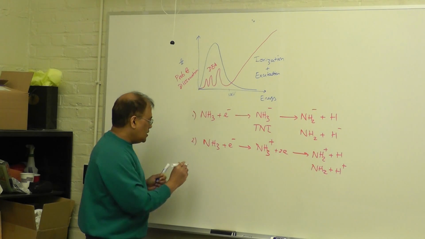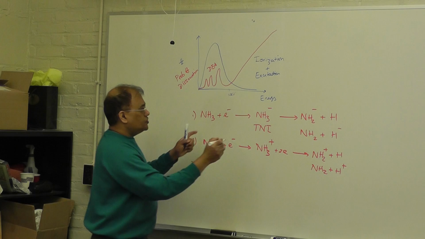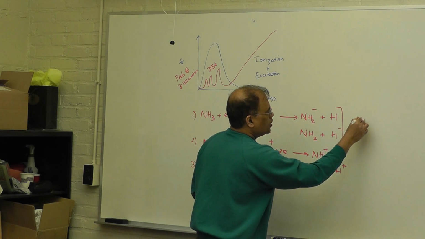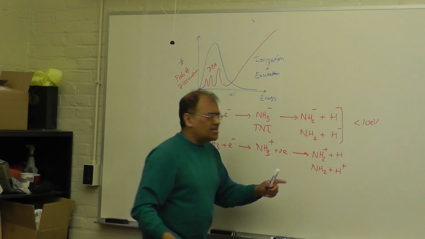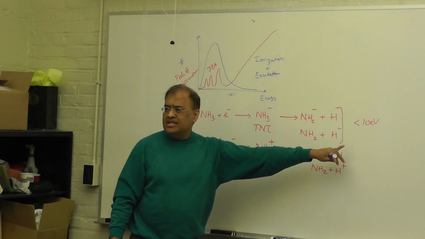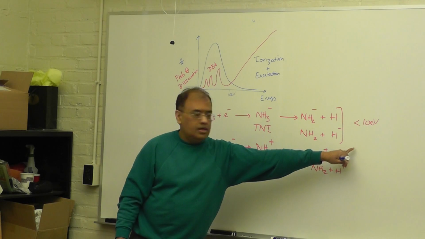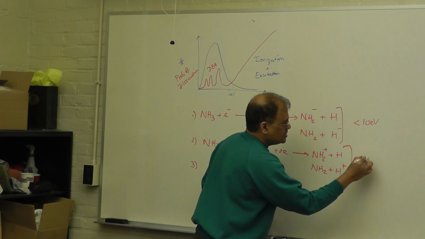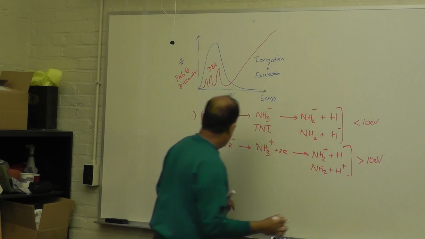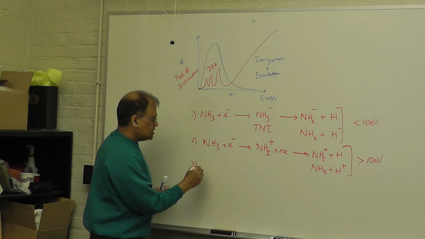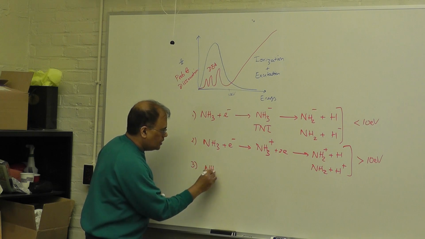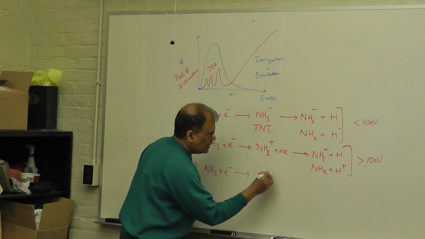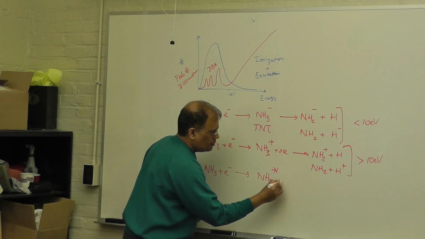Okay, and the third one, so this one takes place typically below 10 eV, but there have been some cases where it's been observed at energies as high as 17 eV. This one takes place at energies greater than 10 eV. And the third one is excitation, so NH3 plus an electron goes to NH3 excited state.